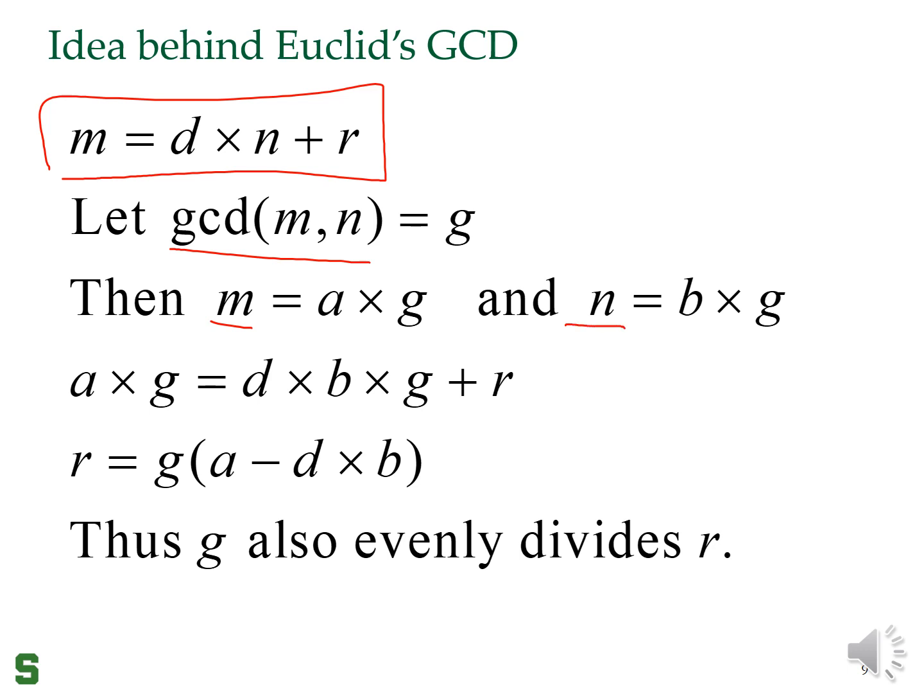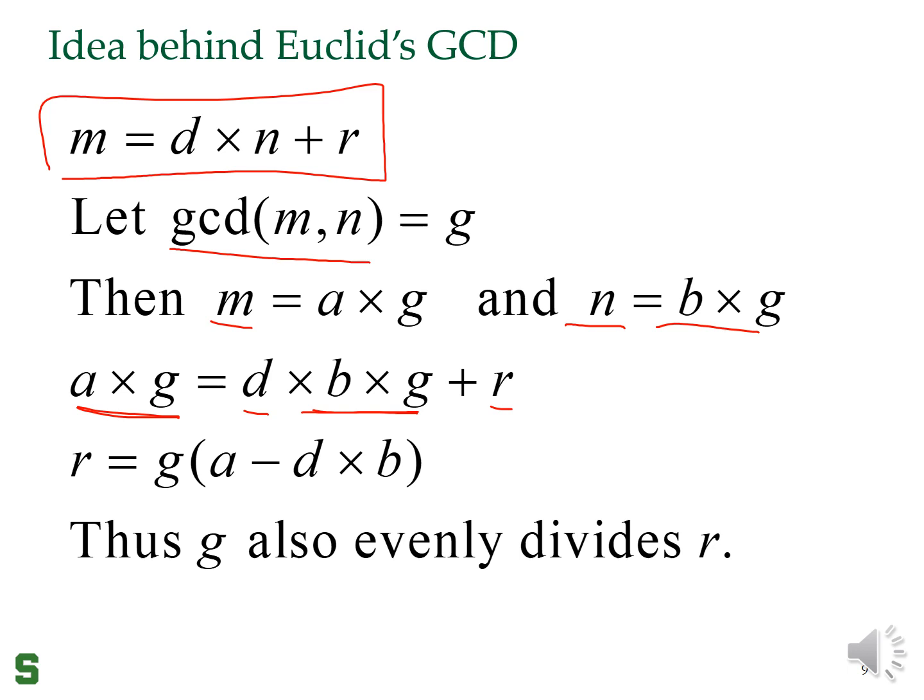So if I write m as a times g and n as b times g, then I will get this equation that says a times g is equal to d times b times g plus r.